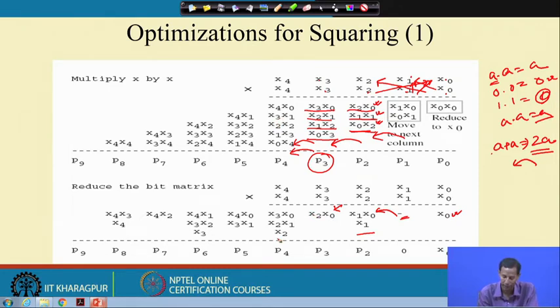In this manner, if I do it for all these positions, finally we will get the partial products something like this: x 1 x 0 x 1, x 2 x 0 at this particular place, x 3 x 0, x 2 x 1, x 2, something like this. Then, can I optimize this more?